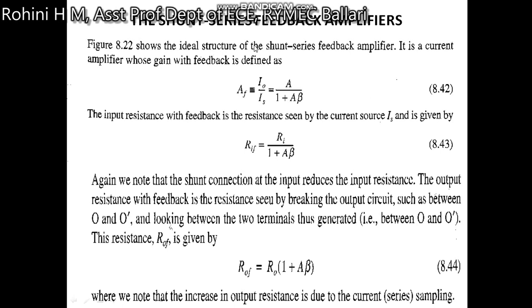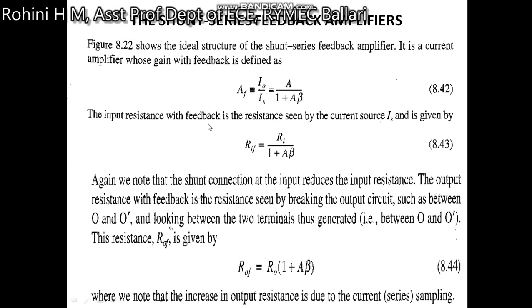The diagram shows the ideal structure of the shunt-series feedback amplifier. It is a current amplifier, as we discussed, whose gain is given by I0 divided by IS. We know that the gain of the basic amplifier is A divided by 1 plus A beta.